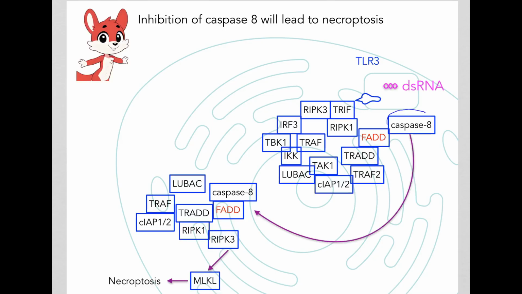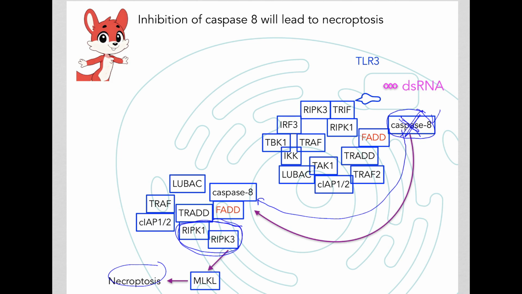Now, if caspase 8 in this complex is inhibited, for example, as we discussed in previous videos, many viruses produce inhibitors of caspase 8, inhibitors such as the protein FLIP, then what can happen is the cell undergoes necroptosis. So in this case, caspase 8 does not work. Caspase 8 actually breaks these proteins that are very important for necroptosis, RIPK1, RIPK3.